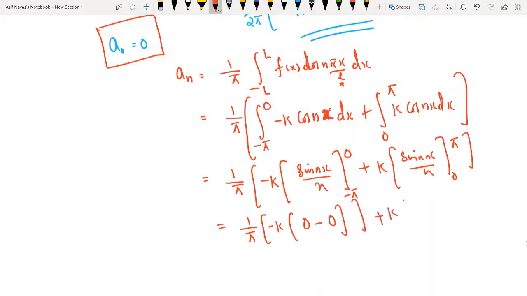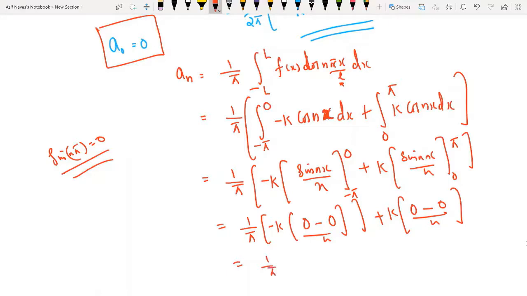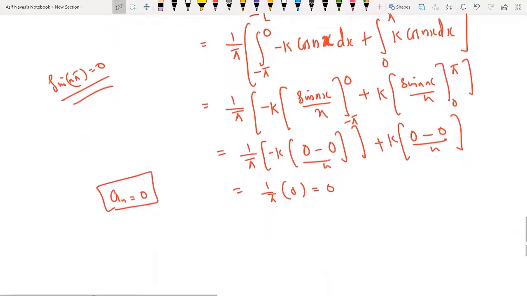So plus k into sin n pi, and the value of sin n pi is always equal to 0, minus sin 0, which is 0. There is an n, but no problem. So this is equal to 1 by pi times 0 into 0, so 0. So I get an is equal to 0. So a naught is equal to 0 and an is equal to 0.